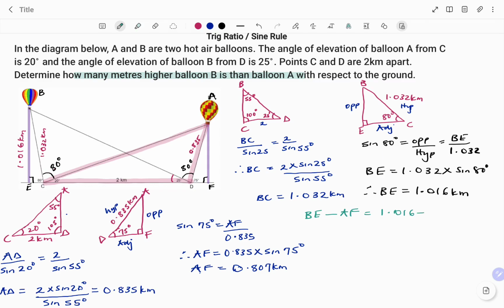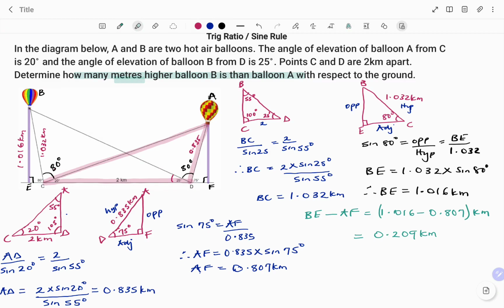Remember, we're still working in kilometers. That's the height of balloon A. That will give us, if you subtract, 0.209 kilometers. But we're asked to find the distance in meters.